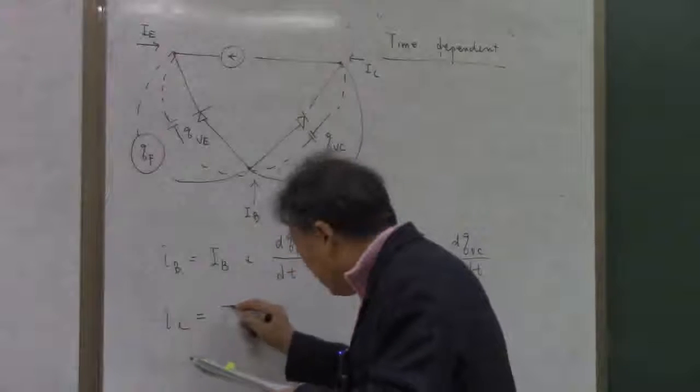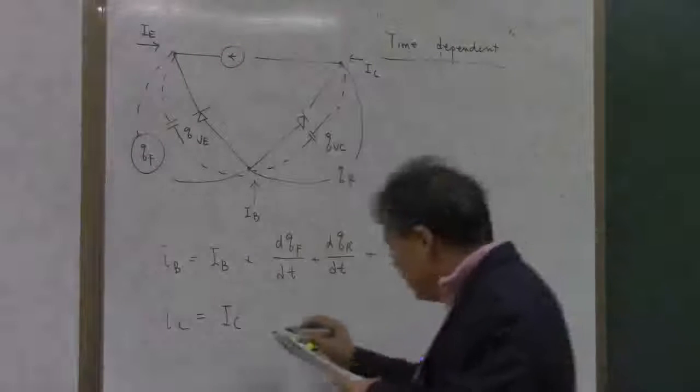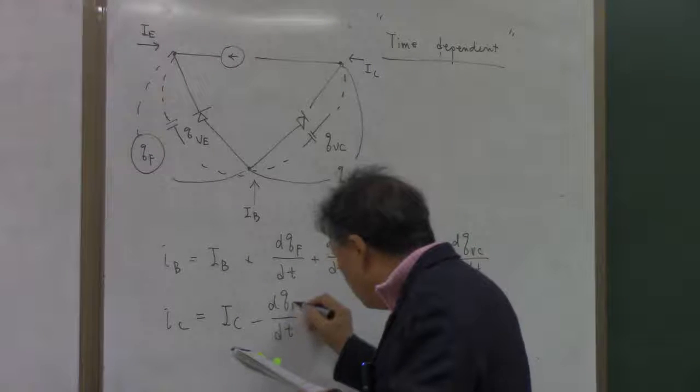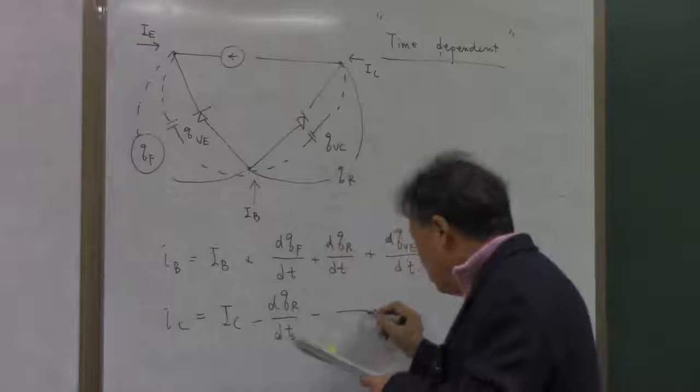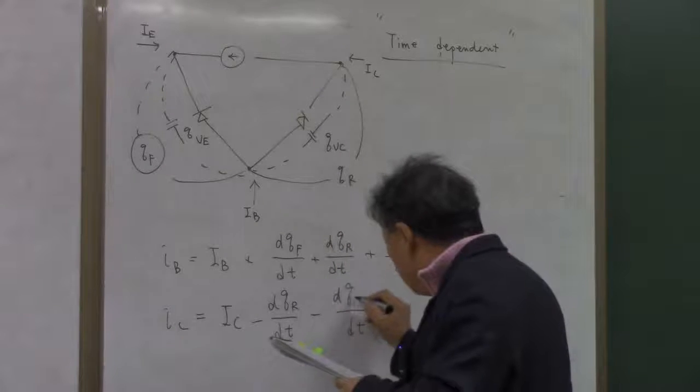IC is the IC DC term, minus dQR over dt, minus dQVC over dt.